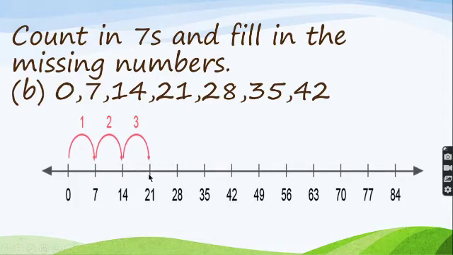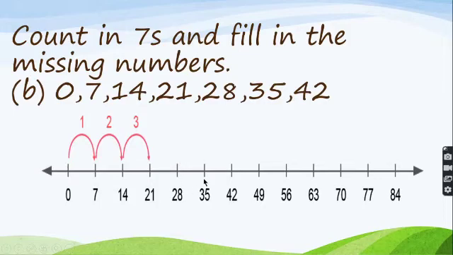Then when you start jumping from 21, you reach 28. Your next jump has 7 digits, and the gap between 21 and 28 is 7. So you land on 28, and we write 28 here in the missing numbers. Now we again jump from 28, add 7 to 28, and we get 35.